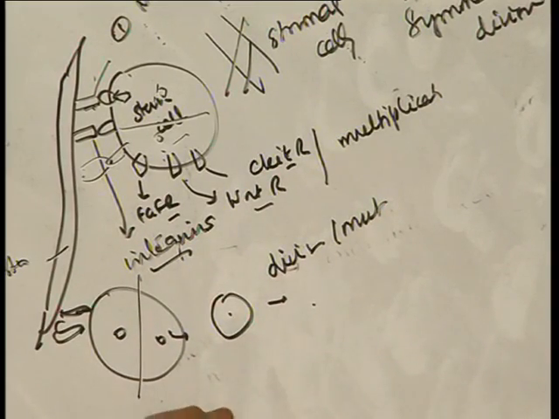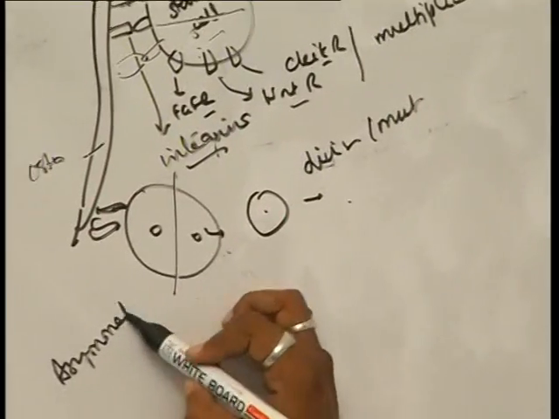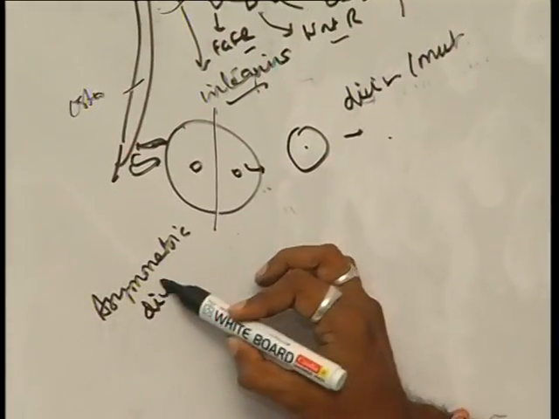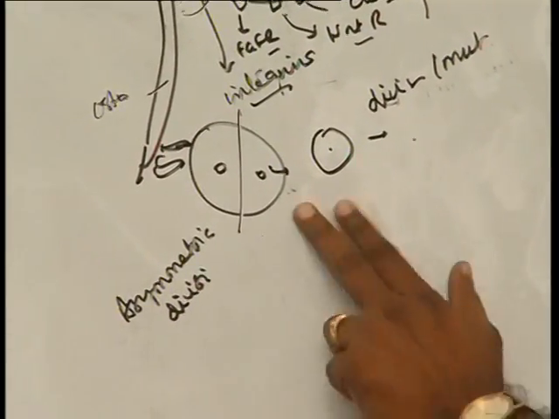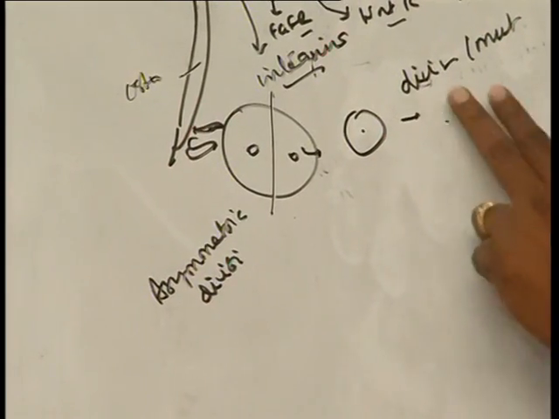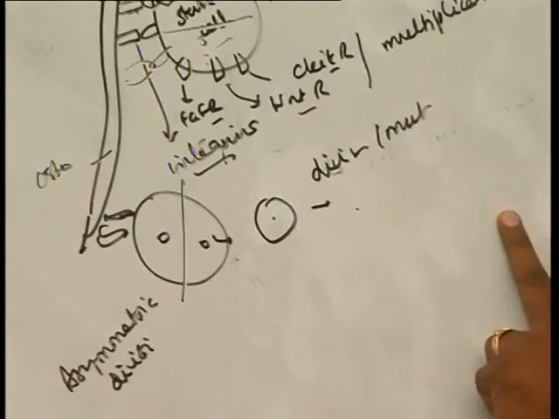This is called asymmetric division, where one cell is passed for division, multiplication and differentiation.